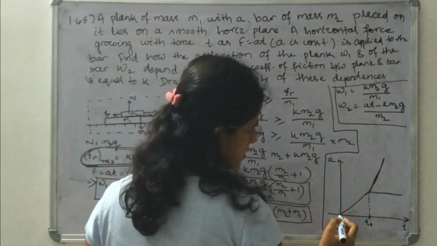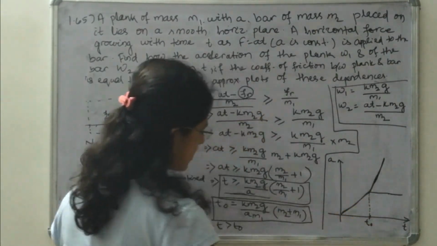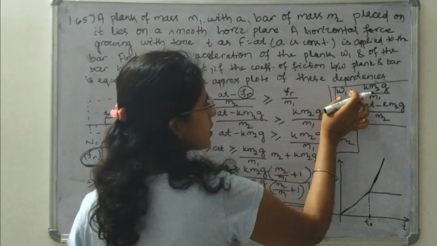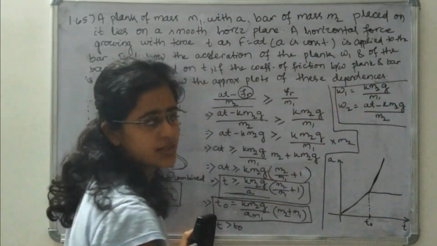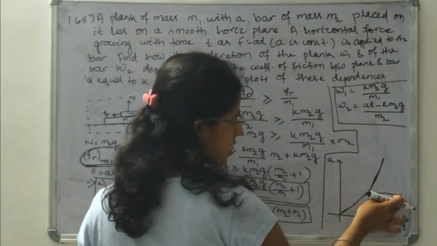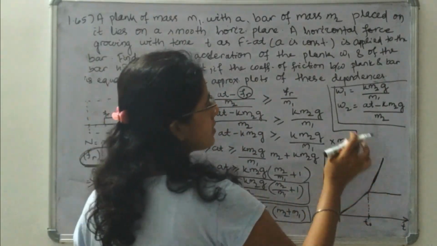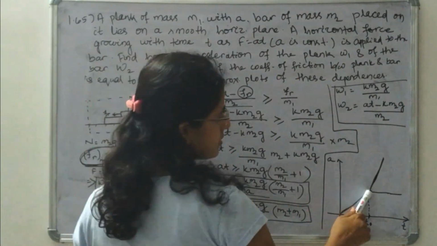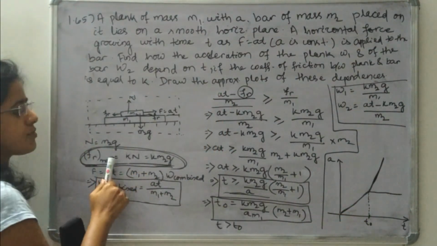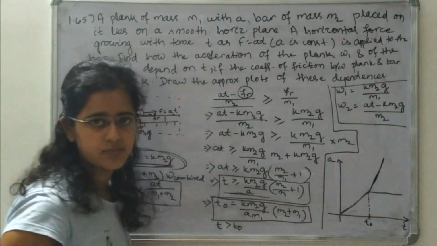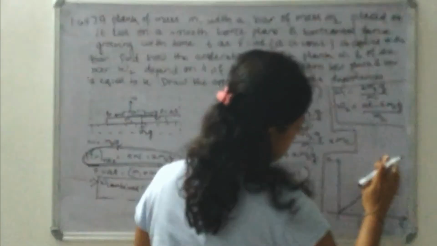So this is the combined acceleration up to time t naught, and after time t naught you can see that as the acceleration of the plank is independent of time, this acceleration of the plank is constant after this time is reached, and as the bar acceleration depends upon time, and the maximum frictional force is reached, it is moving with greater acceleration now.